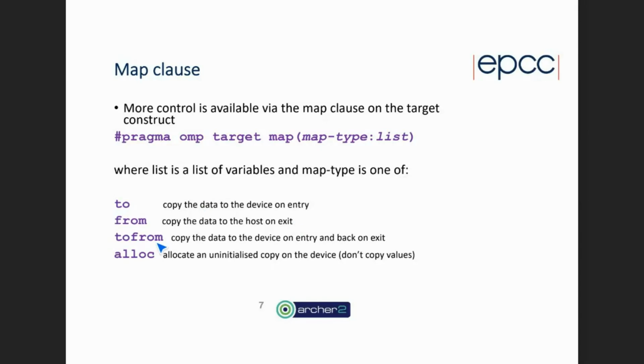As you might expect, tofrom does both: copy data to the device on entry and back again on exit. But you can also have alloc. This says, I don't actually need to copy any values, I just want a scratch copy on the device. So this will allocate an uninitialized copy of those variables on the device and doesn't copy any of the values.